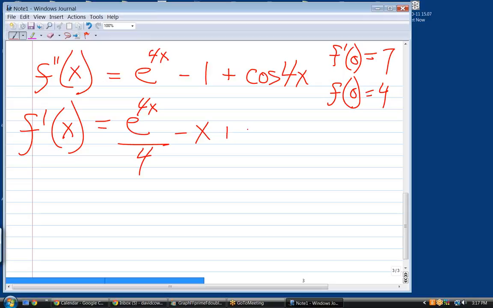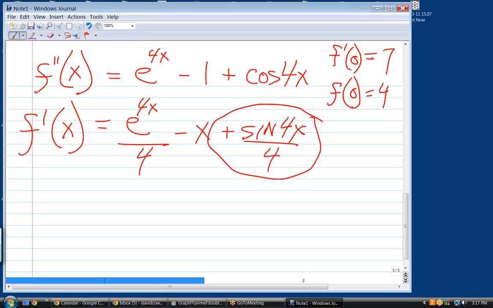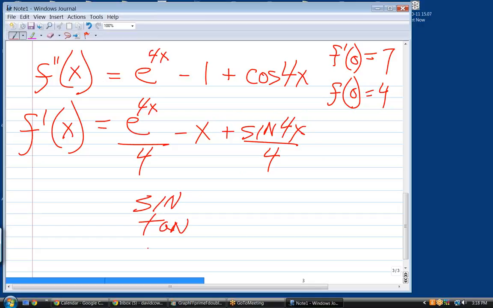Minus sine, or is it plus sine x? Sine 4x over 4. Okay, you tell me. What's the derivative of that? It would be cosine 4x. Yeah. I can tell you one way to remember this. You have your three trig functions, and you have their cofunctions.